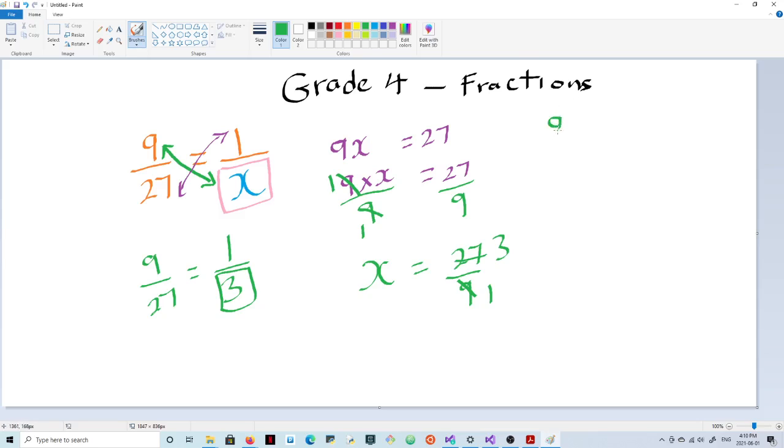If you have A upon B is equals to C upon D, this is equivalent to AD, right? AD is equals to BC. Now we'll try to prove this. All right? So let's do that now.